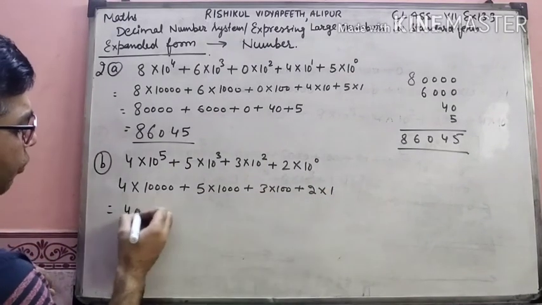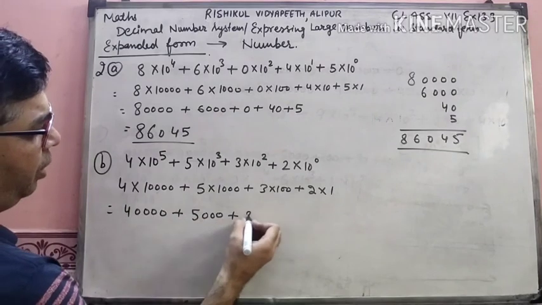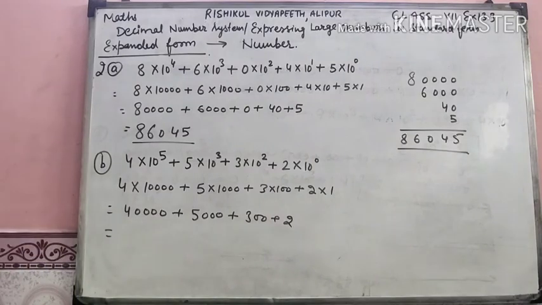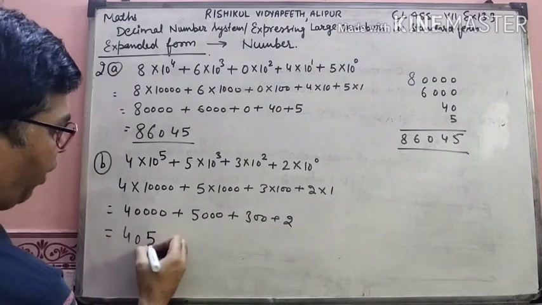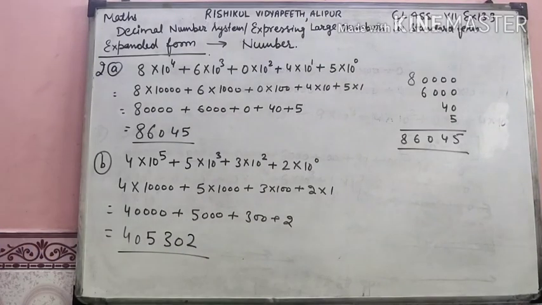It can be written as 400000, 5000, 300, and 2. So the answer will be 405302. Is that clear, students?